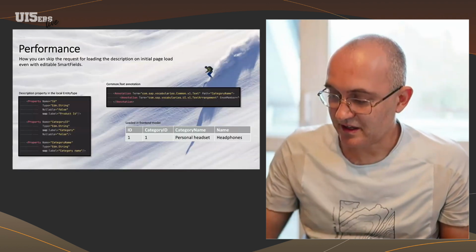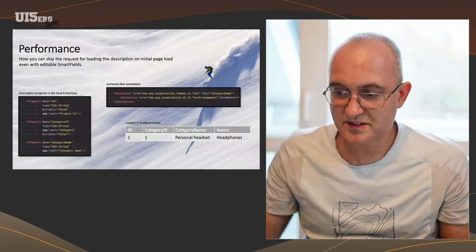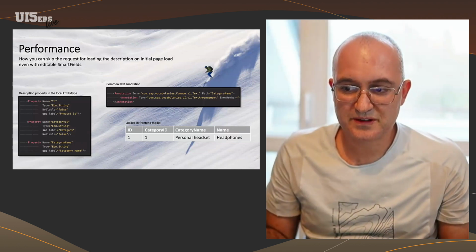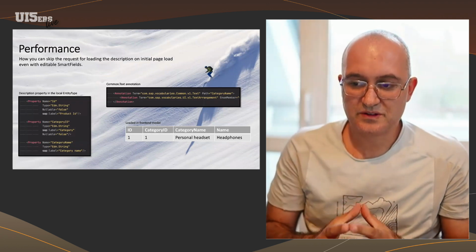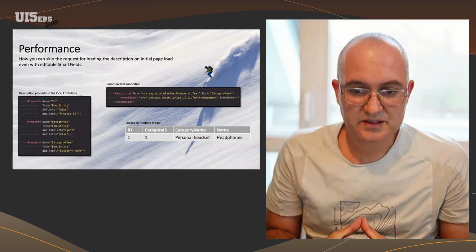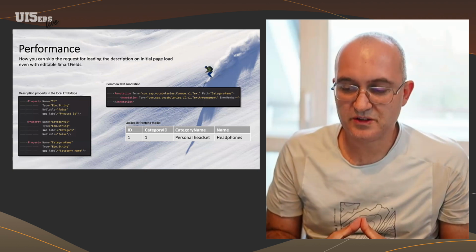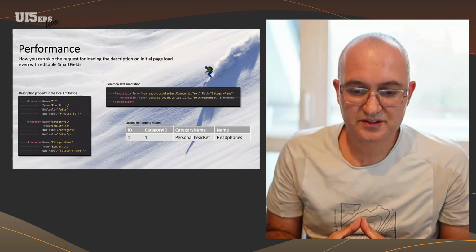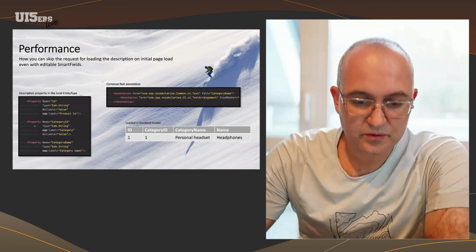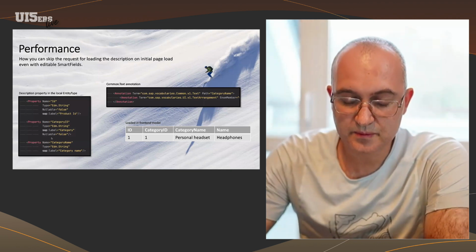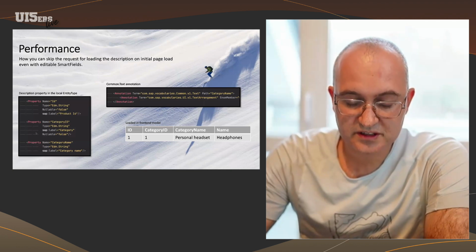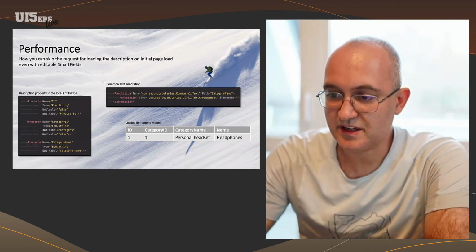So let's talk a little bit about performance, which is also an important part when you use smart fields and text arrangement. That's why it's very important to always use the common text annotation here. And how we use this: this is the regular case where in the main entity type, adjacent to the category ID, we also expose the category name.